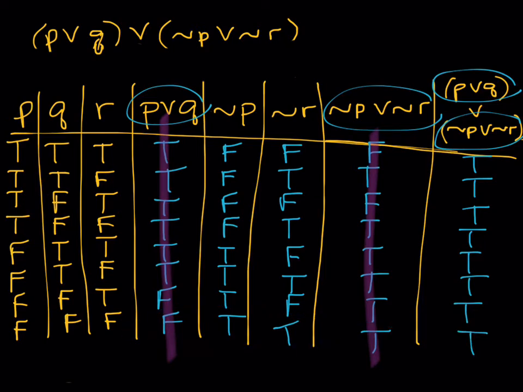So it turns out that this statement is always true. There's no situation where that one is false. So if you're interested, we didn't have time to talk about this, but statements that are always true are called, make sure I spell this right, tautologies. Right, and those are just statements that are always true.